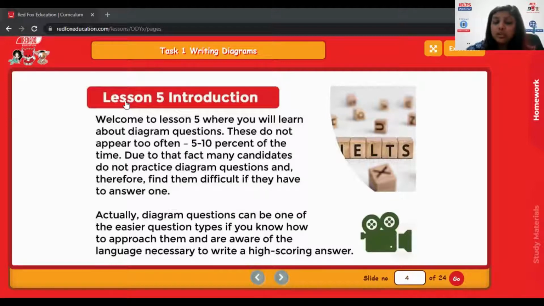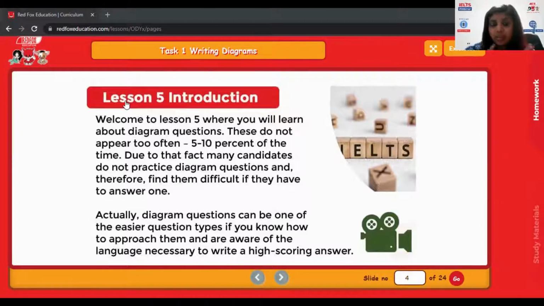Describing an IELTS process diagram might make you nervous and scared if you have not practiced enough, but don't worry at all. It's quite simple with the right amount of practice. What you have to do is first understand the question really well. We'll come to that.